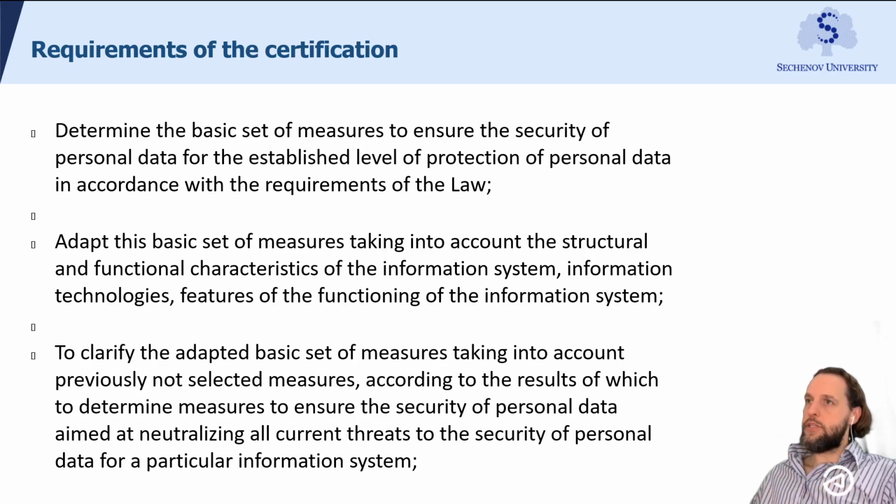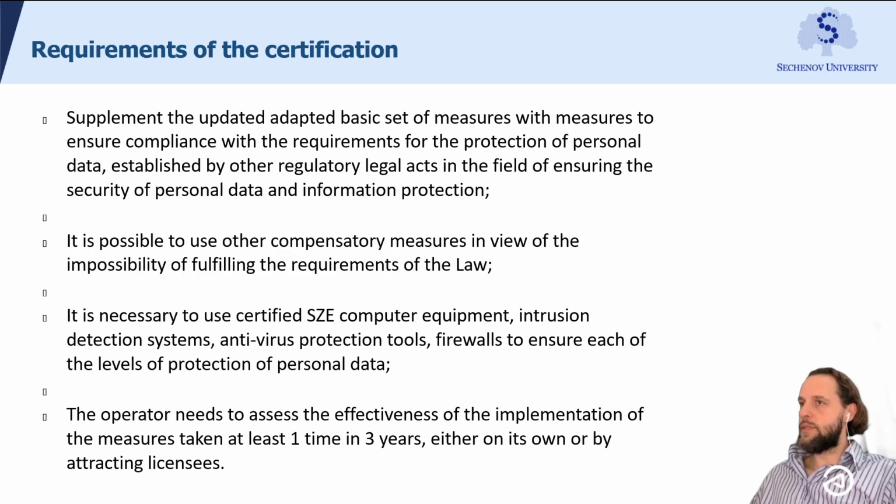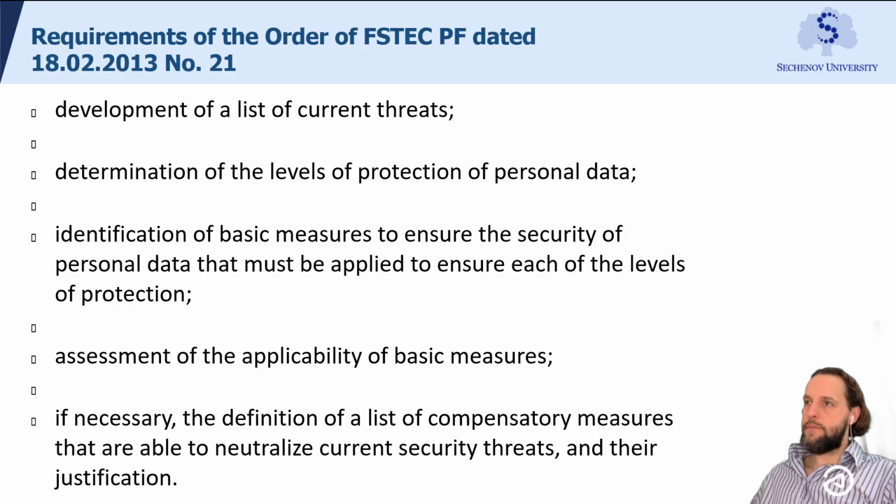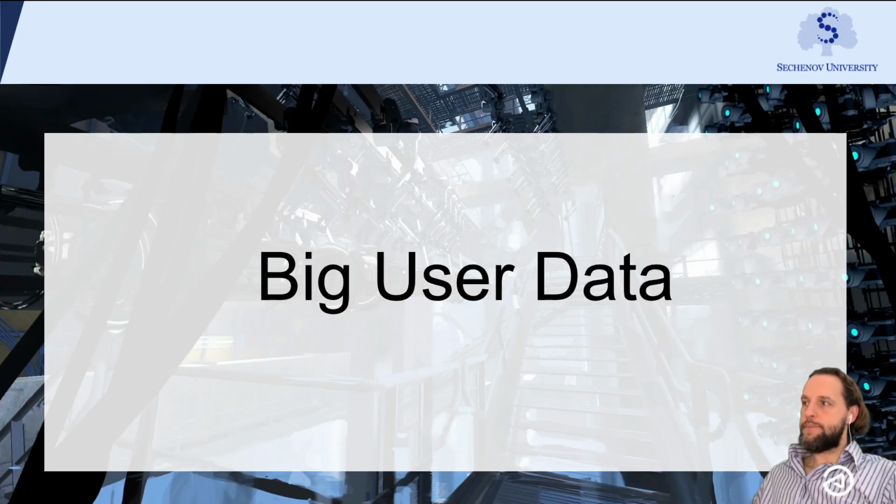During the certification, it will be checked if you are meeting all the requirements and you have in place all the ways how this data could be protected. For example, if there is a list of current threats and if the level of protection is determined and all the measures are ensured, and if everything is in place.